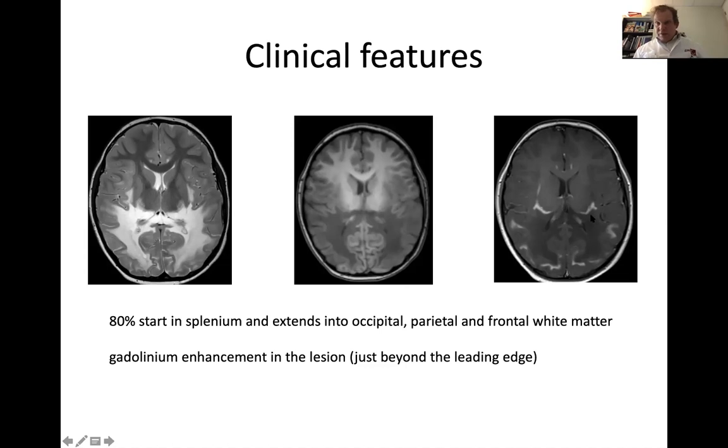The enhancement is just beyond the leading edge. On this T1 MRI with gadolinium, you can see that the edge of the lesion is here, and just inside is the gadolinium enhancement. And actually, active gadolinium enhancement is a good predictor of an active cerebral ALD lesion that will still progressively enlarge.